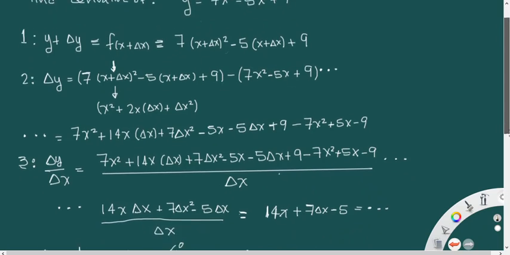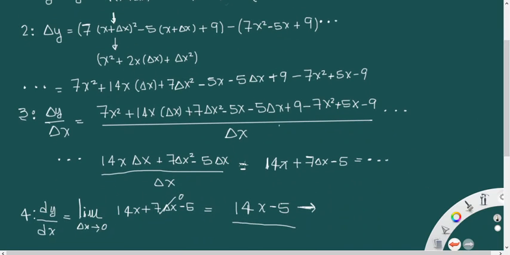Okay, this appears to be a very long expression, but it's fairly simple to simplify. And in our third step, we need to have delta y, which is all this guy over here, and divide that by delta x.